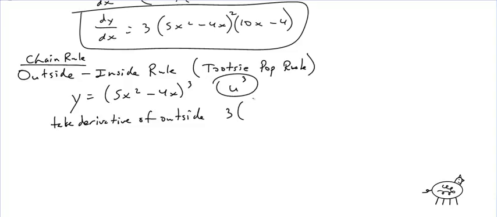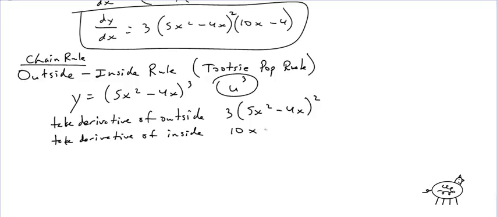But of course we're not using u here now, we're saying 3 times 5x squared minus 4x to the second power. That's the outside. Now we're going to take the derivative of the inside. Oh, this is the Tootsie Roll part. Very excited. The derivative of the inside is the derivative of 5x squared minus 4x, which is 10x minus 4.